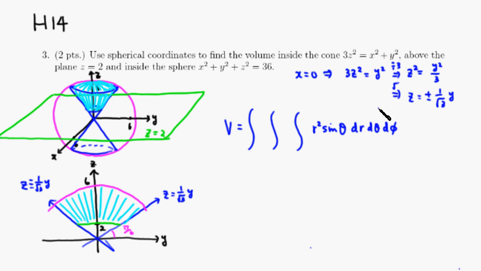Let's fix phi and theta. I'm going to fix theta here. Then we have to figure out where r starts and where it ends. Where it ends is pretty easy because the radius is 6 on the sphere, so r equals 6 is the top end.